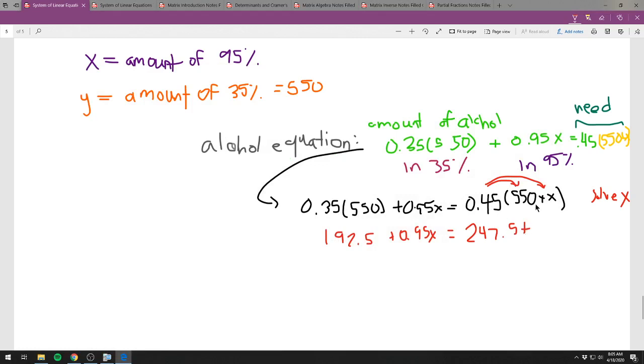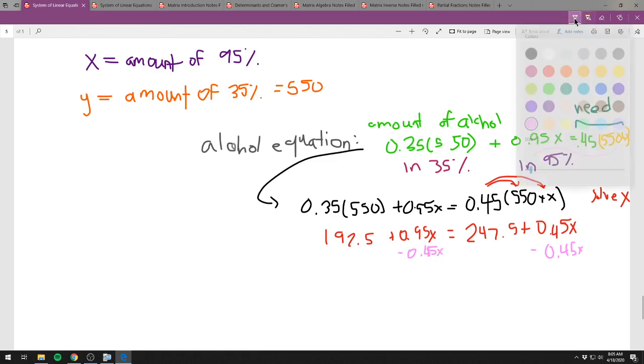And then we distribute the 0.45 to the x, and that's exactly what that is. All right, and now we can just solve this like we normally would. Gather the x's on one side and the numbers on the other. Put the x's on the left, subtract the 0.45x. And then subtract the 192.5 to the other side.